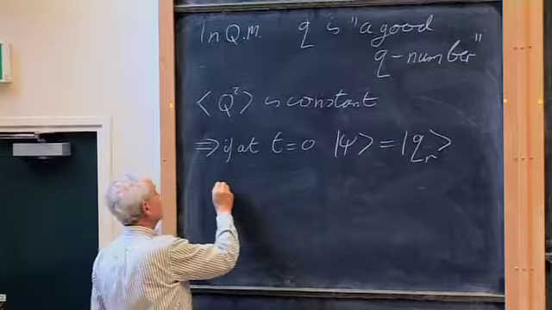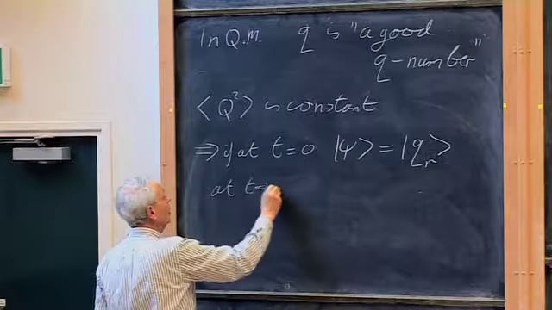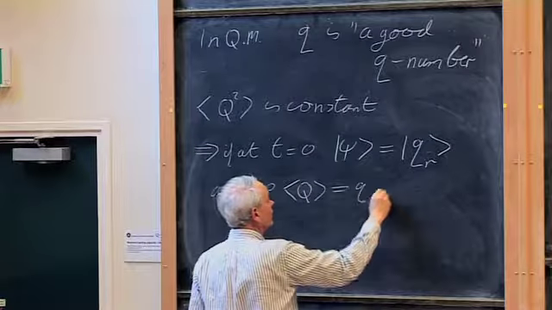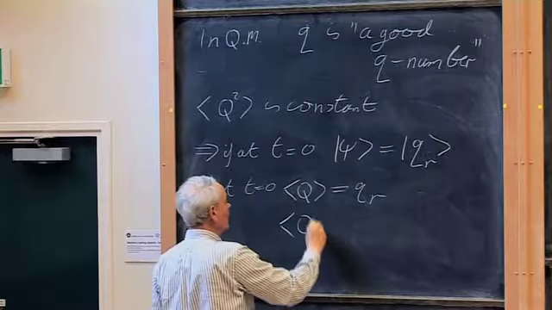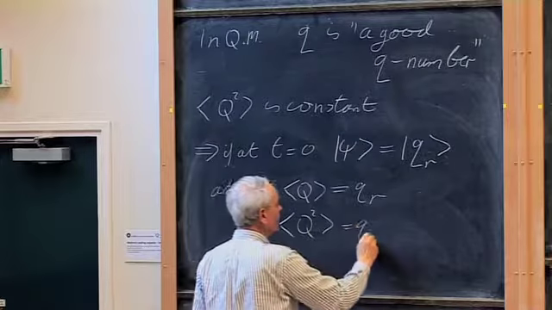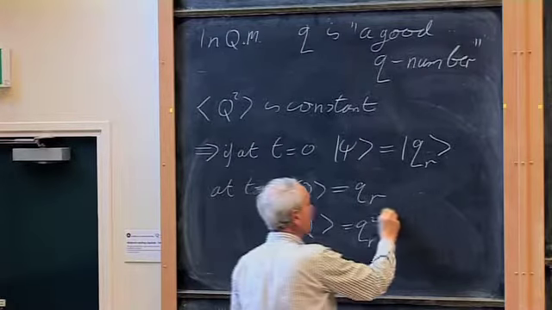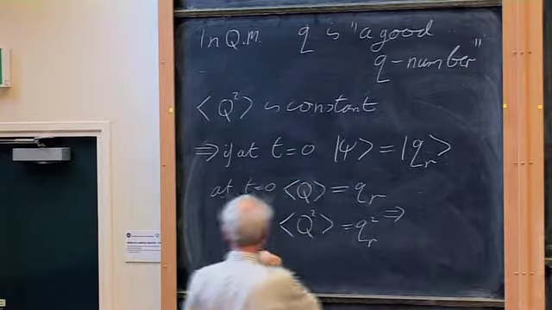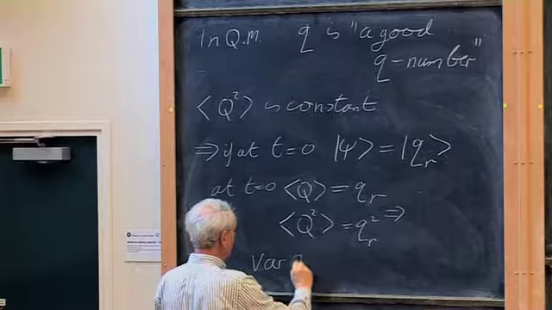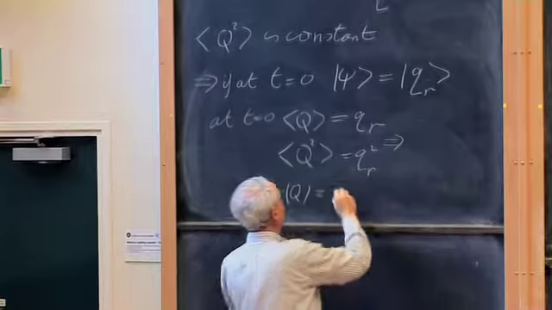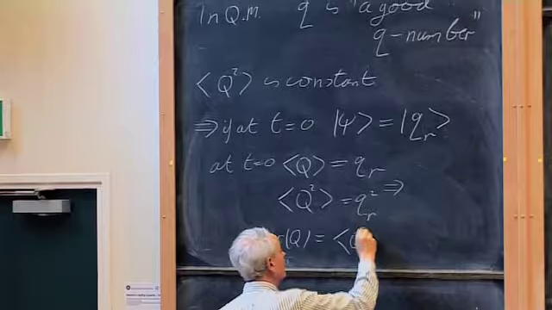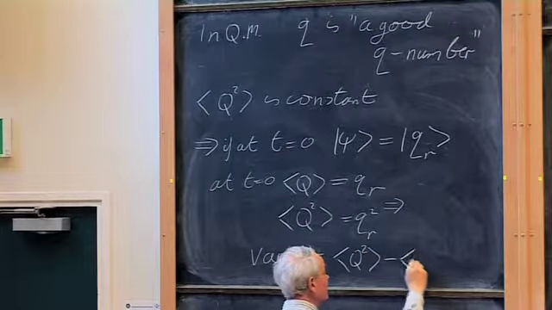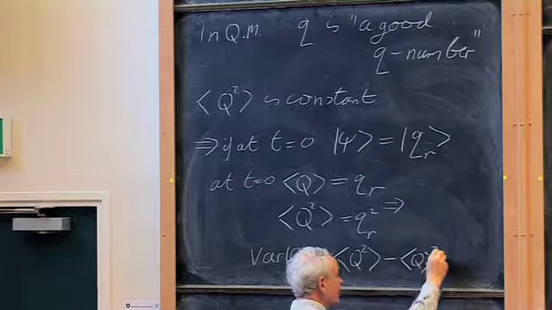That means that at t equals 0, the expectation value of Q is obviously equal to Q_r, and the expectation value of Q squared is equal to Q_r squared, which implies that the variance of Q, which is as ever defined to be the expectation value of Q squared minus the expectation of Q itself squared, vanishes.